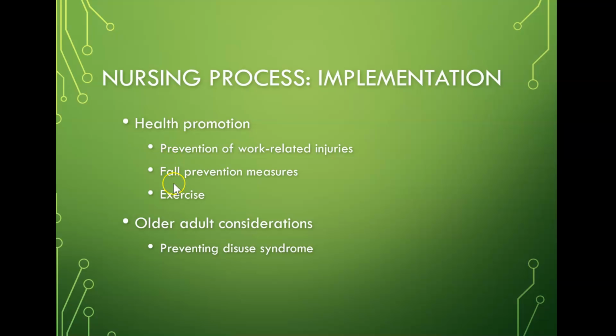You don't want any work related injuries if you have a person that is in the workforce. Use all types of fall prevention measures because you don't want them to fall and end up breaking a limb or something, and then encourage exercise. Exercise is just the most wonderful thing, you guys. And prevent disuse syndrome.